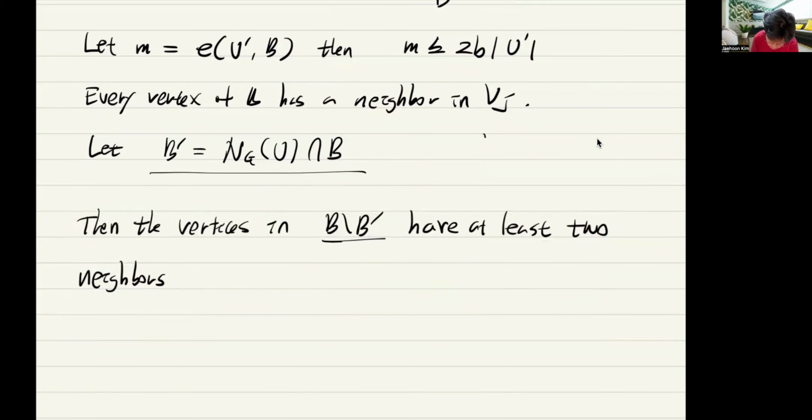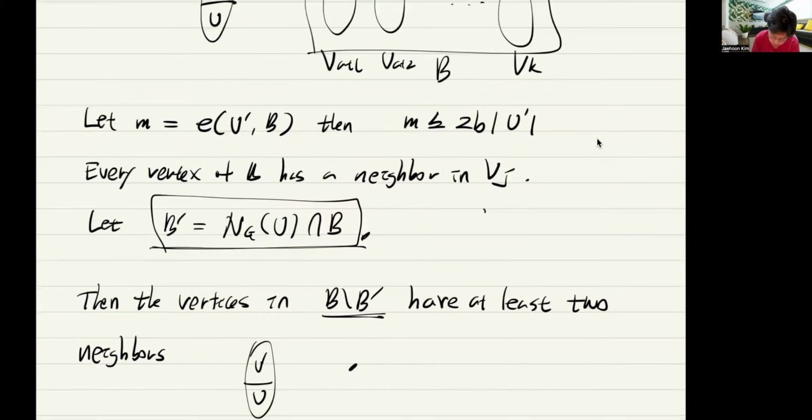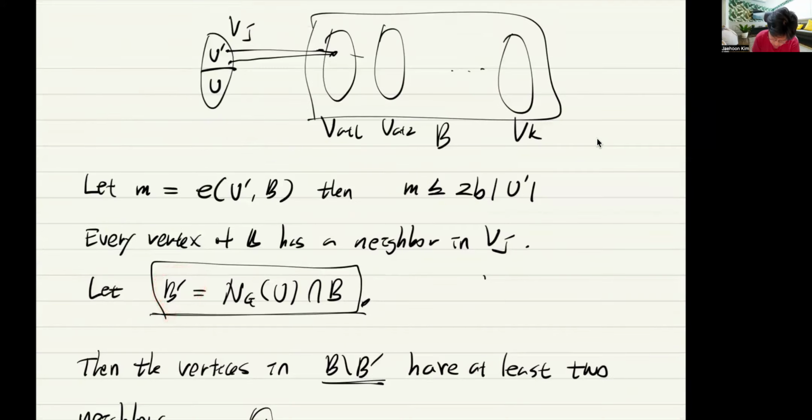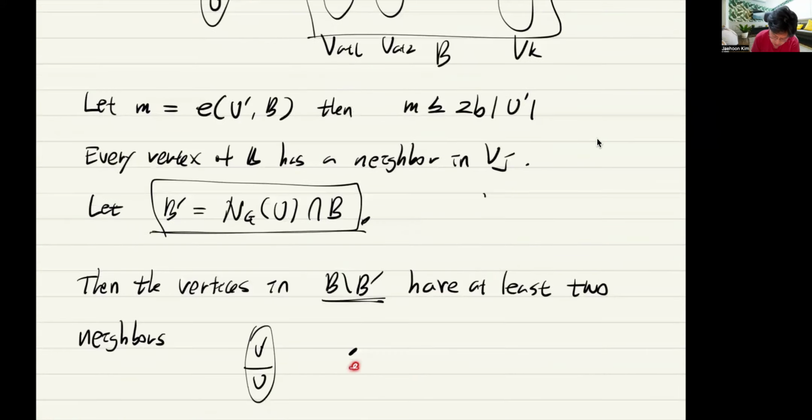Then the vertices in B but not in this B prime, they all send at least one edge to Bj, but the destination is in U prime, because if some vertex sends an edge to U, then that must be in B prime.